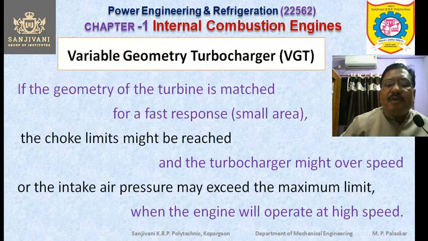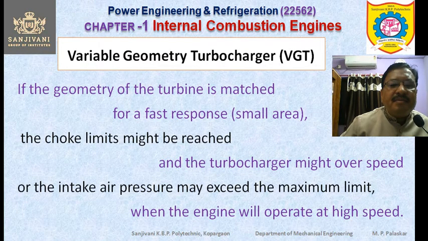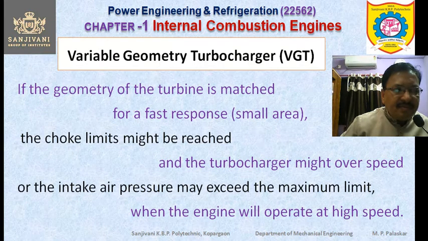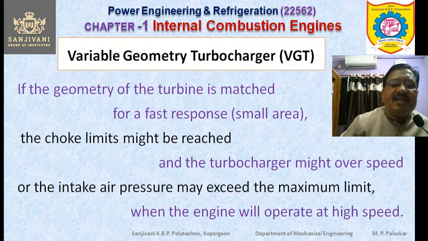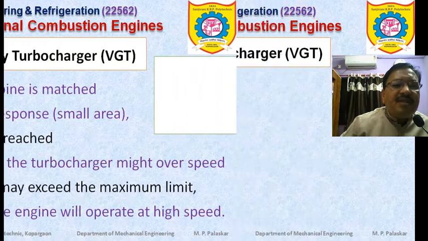The problem may also occur when the engine is running at lower speed if the design is not done for that particular speed. So we can't design for a particular speed because the speed is changing. Then what is the solution?